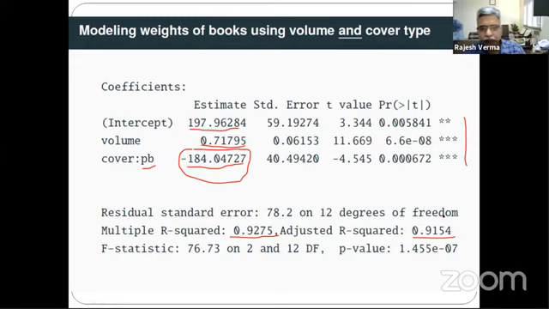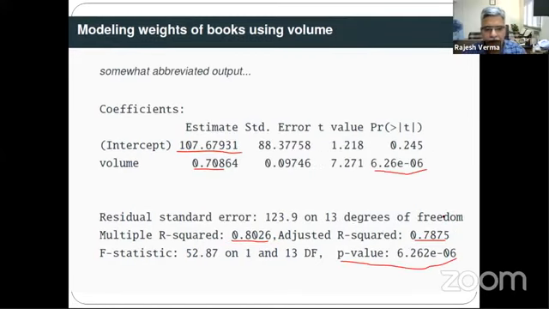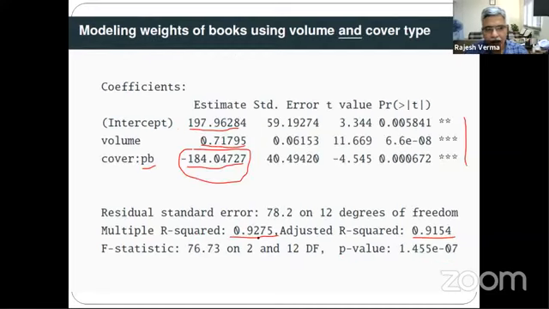Now compare this with the previous slide. Previously, the multiple R squared was 0.8026. That is about 80% variability in the weight of the book was explained by volume alone, right? But when we add the type of cover of the book, then the R square becomes 0.9275.